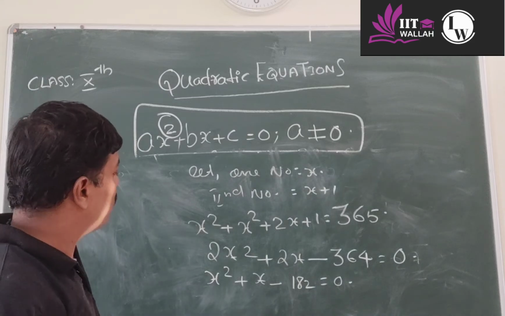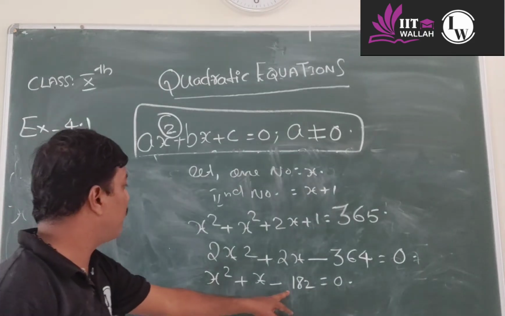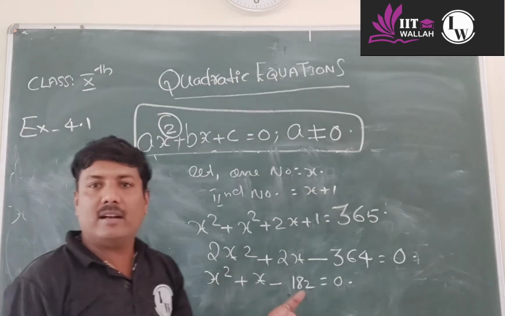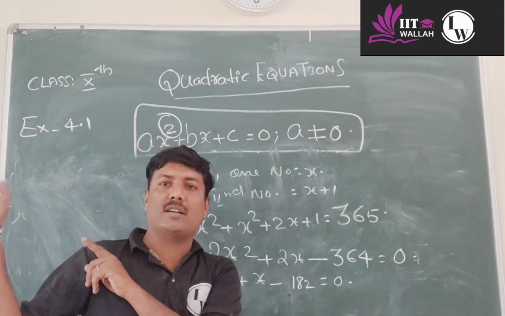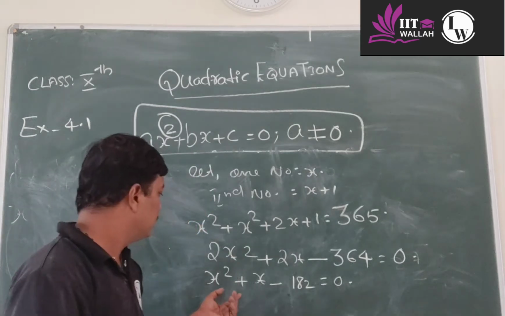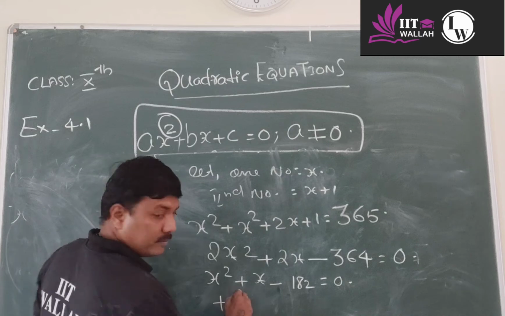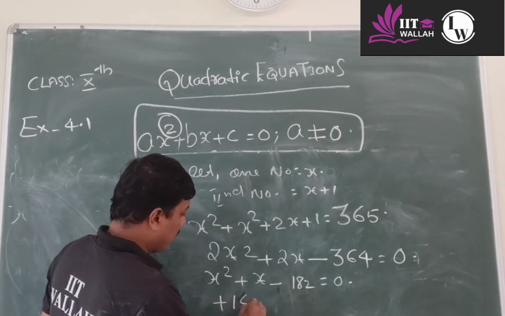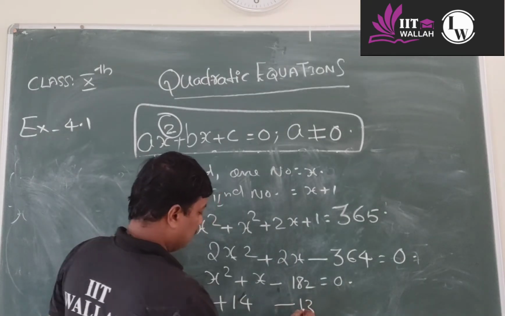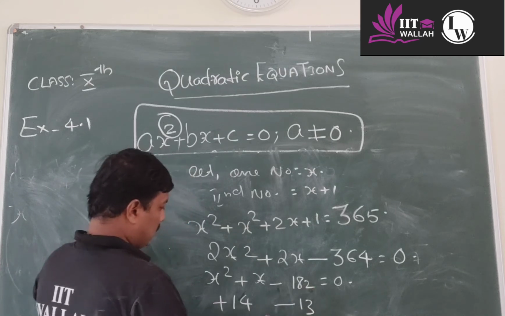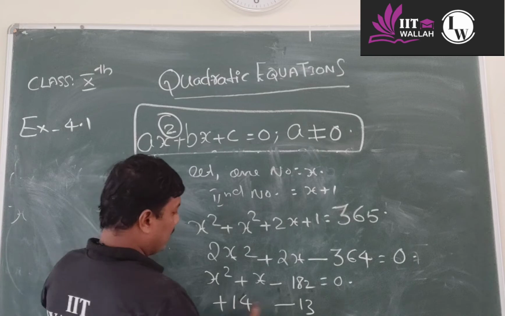Now think about two consecutive numbers whose product is 182. I think 13 and 14. The previous question also, the same numbers are coming. 13 and 14. So plus 14 and minus 13. Product is 182, and sum is 14 minus 13.